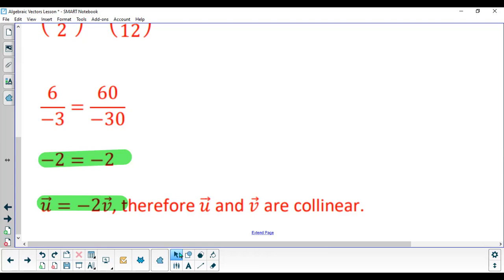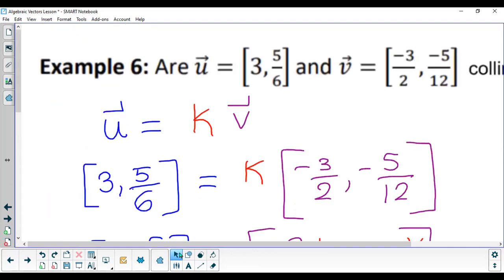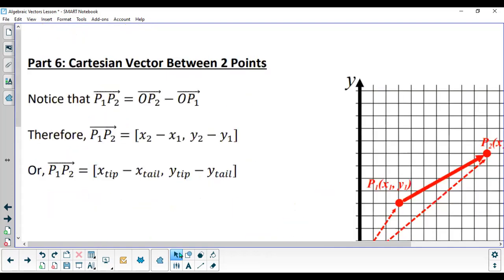Okay, one more rule, and then we're going to end off the lesson with a more complicated algebraic vector type question. But running out of time, so all you have to do is understand this concept and maybe write down this formula in your notes.